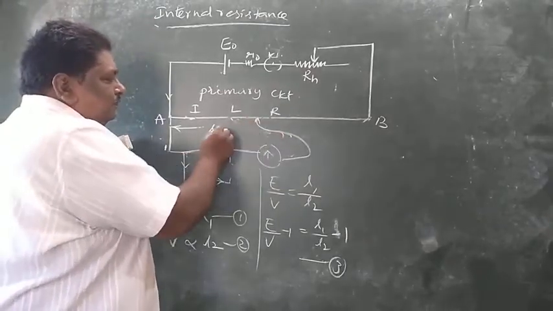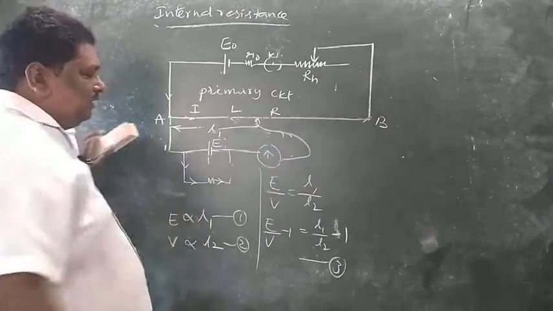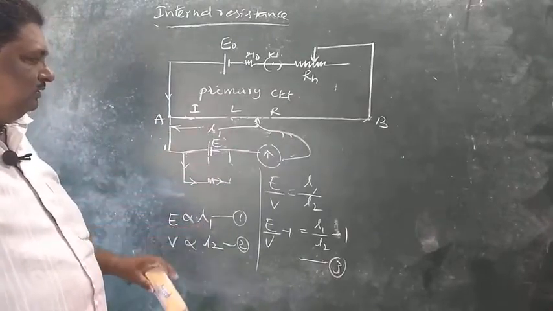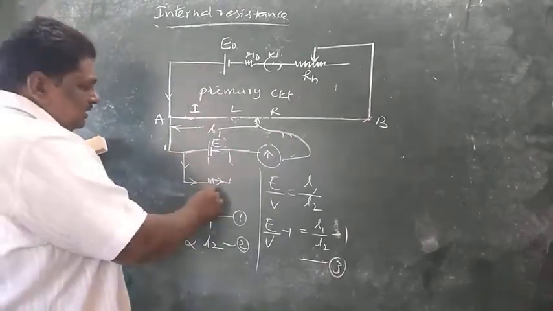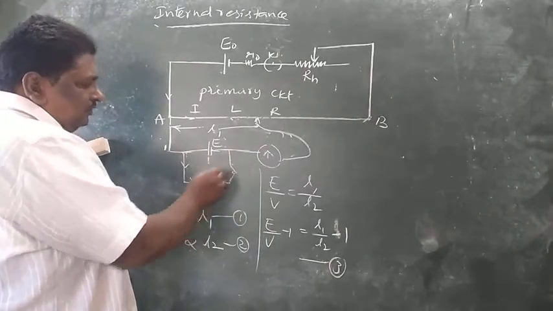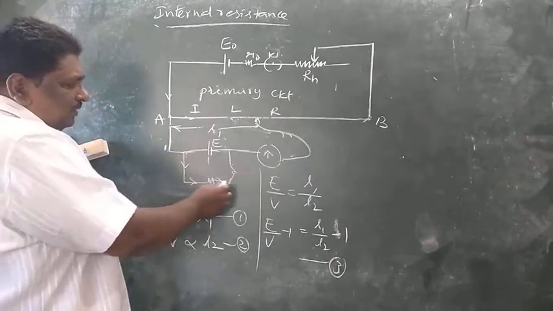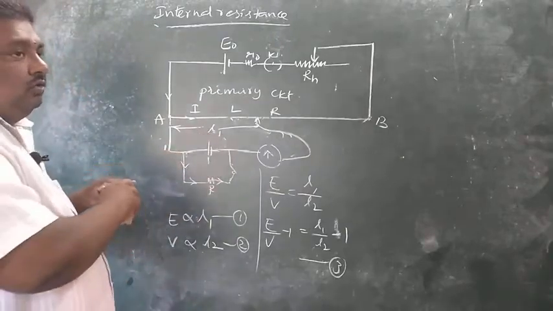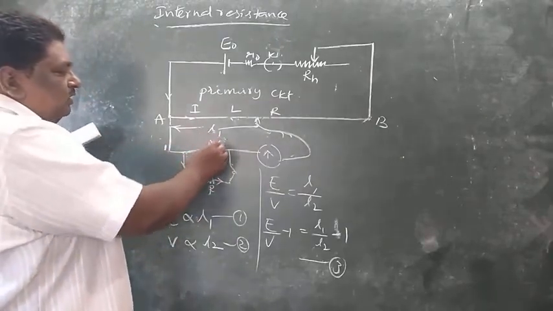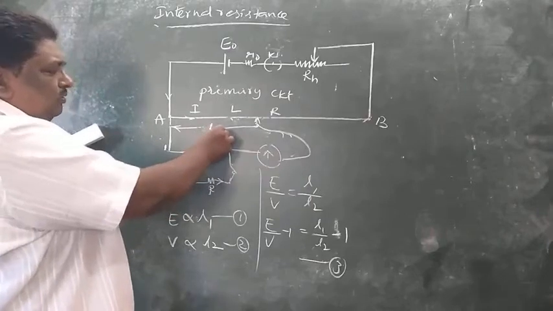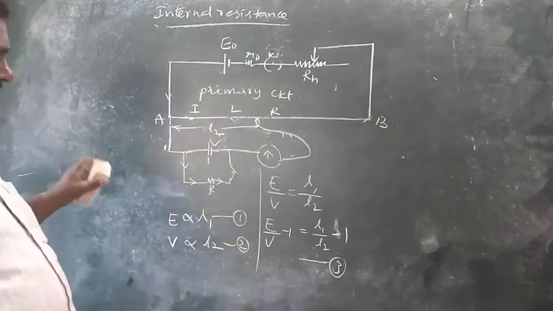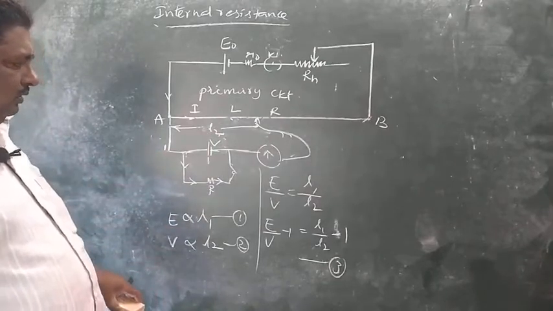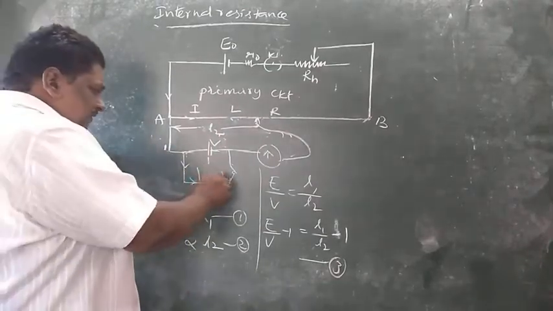This is called L1, so the voltage is proportional to this balance length. Now the external resistance R is connected, so current is drawn from the cell and the voltage falls. That is the closed circuit voltage, called V. V is proportional to L2.